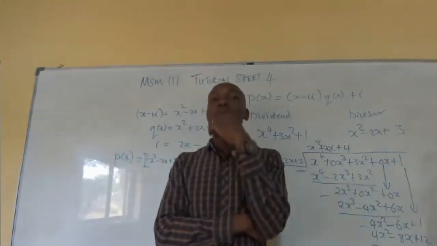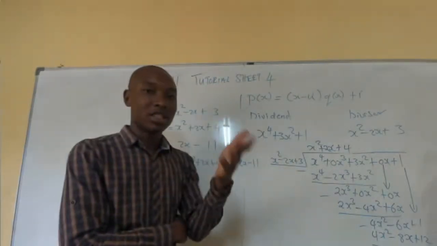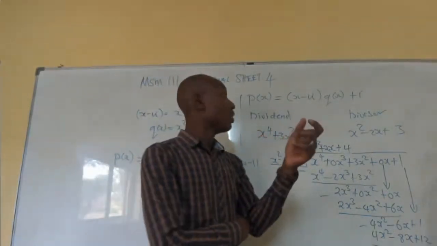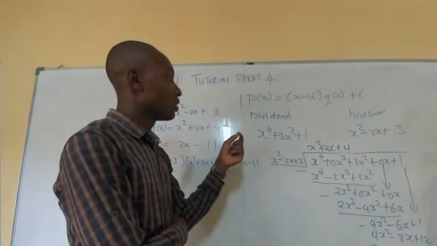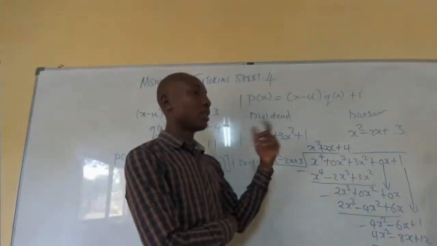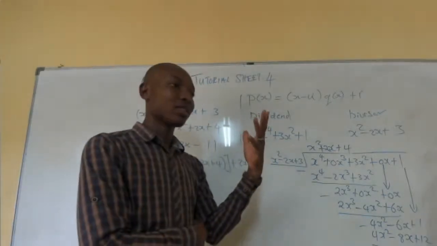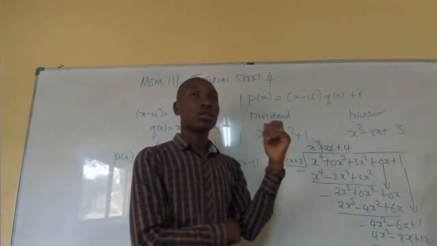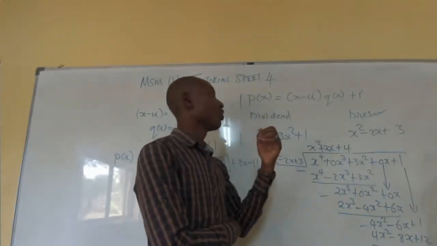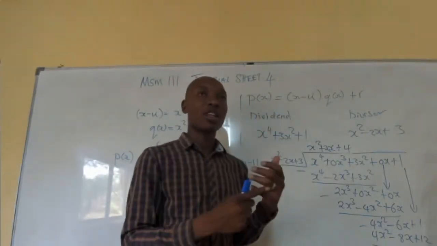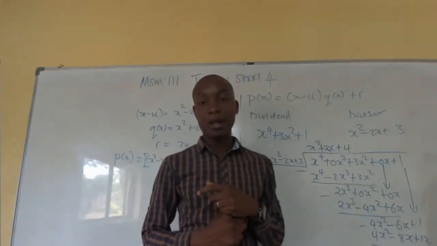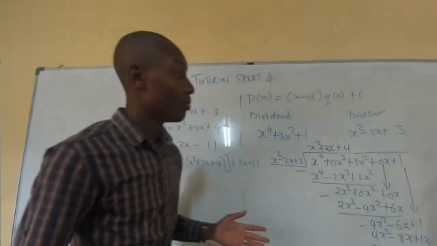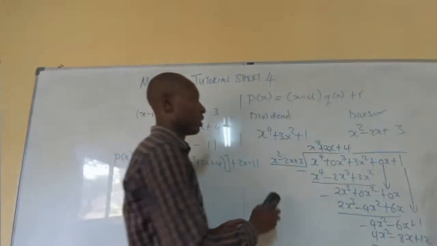So when we're talking about the quadratic equation, what we were taught was that whenever you are trying to factorize using the factorization method for a quadratic equation, we needed to find the product and the sum. Now, here is a cubic function. What do we do?